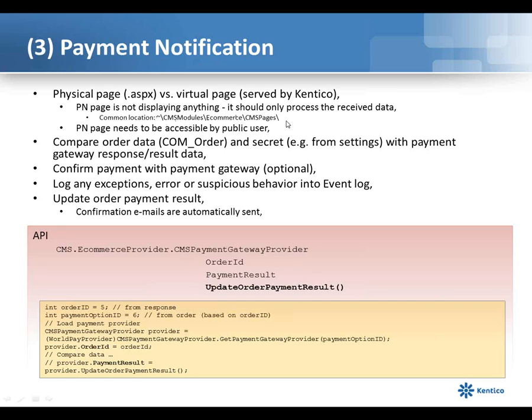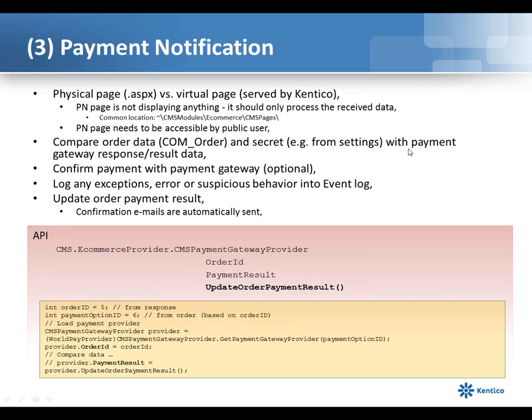There sits also the payment notification page for PayPal, the default PayPal gateway in Kentico. And of course, we need to ensure that the payment notification page is accessible by a public user, because otherwise the system won't be able to execute the code that sits in our payment notification page.